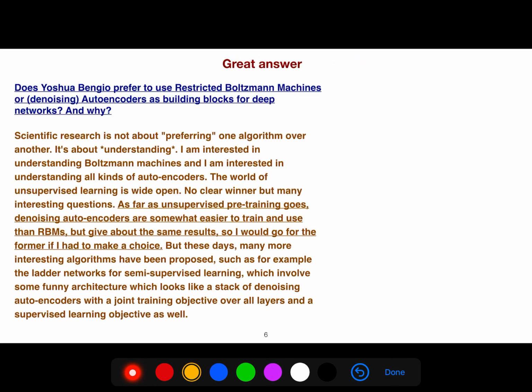Somebody asked Yoshua Bengio whether he prefers restricted Boltzmann machines or autoencoders, denoising autoencoders. He said we are interested in understanding, and of course autoencoders are somewhat easier to train, but it is better to understand all of the models for unsupervised learning, such as Boltzmann machines, autoencoders, denoising autoencoders, variational autoencoders.